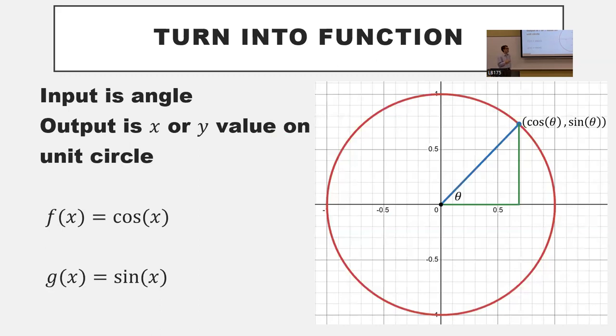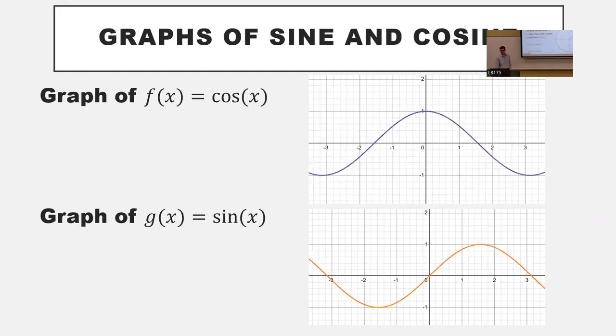Cosine and sine give us x and y values on the unit circle, but as we go around the unit circle, we have this oscillating pattern. When I graph cosine of x in the xy coordinate grid, so the input is the angle, the output is cosine of that angle, I get this nice wave pattern. And sine of x, I got a nice wave pattern.